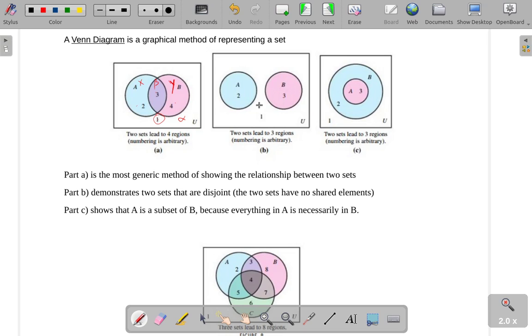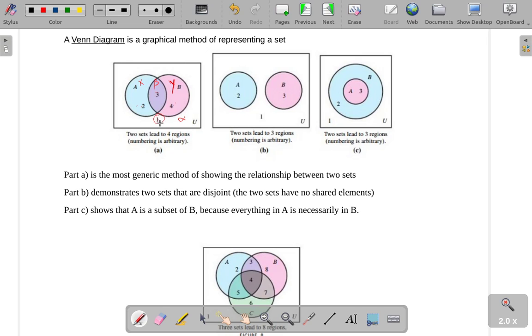When we're talking about Venn diagrams and we write something on here, there are a couple of different meanings that could be meant. You could be labeling the regions, so I could refer to them as regions 1, 2, 3, and 4. You could be talking about these as individual elements within each of these regions.